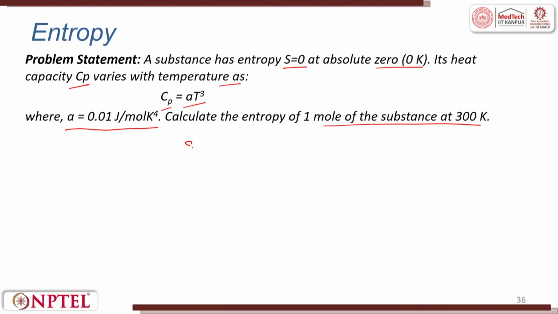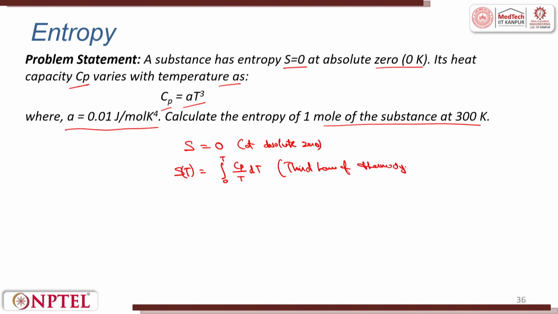Here we have been given S as 0 at absolute 0, and S_T, as we know, is the integral of Cp by T dT from 0 to T, that is the third law of thermodynamics.